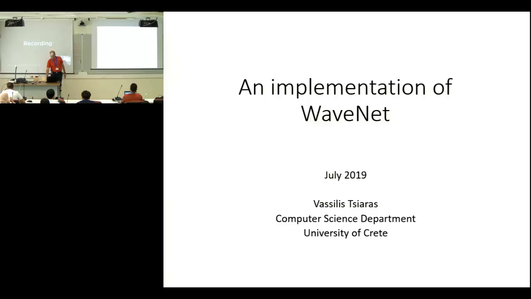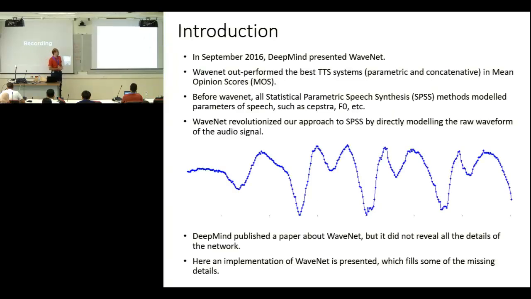Since the introduction of WaveNet in September 2016, many other neural vocoders appeared, so that apart from WaveNet, today I will also describe briefly WaveRNN, which is a practical autoregressive neural vocoder, and Parallel WaveNet, which is a flow model which can produce speech from noise in one step.